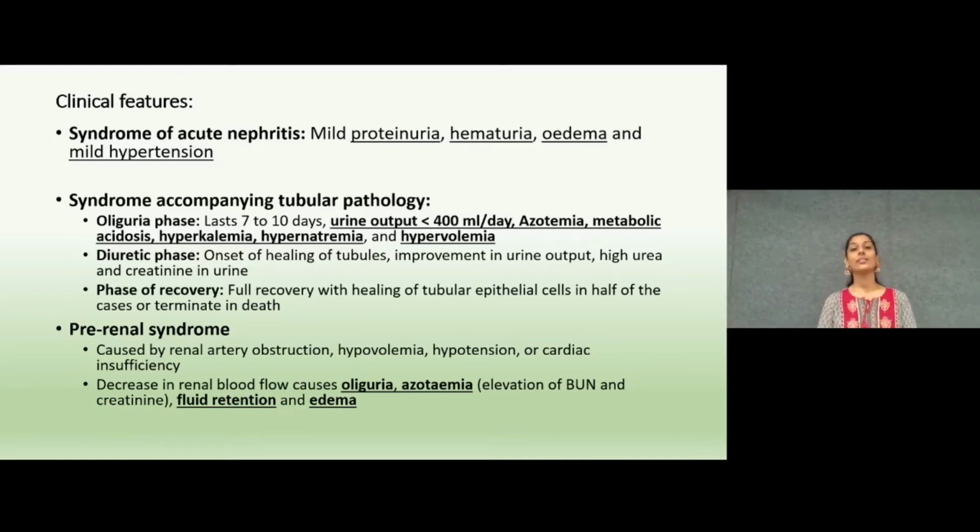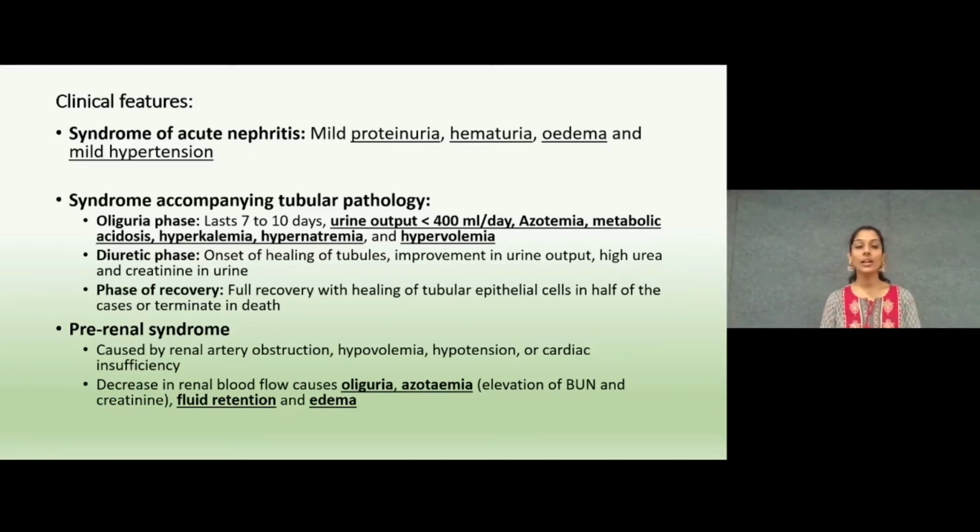In that there occurs onset of healing of tubules, improvement in urine output, and high urea and creatinine in urine. Then third, the phase of recovery, in which there occurs full recovery with healing of tubular epithelial cells in half of the cases, or it terminates in death.